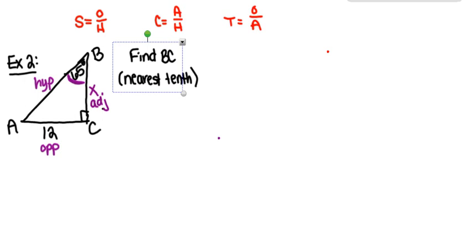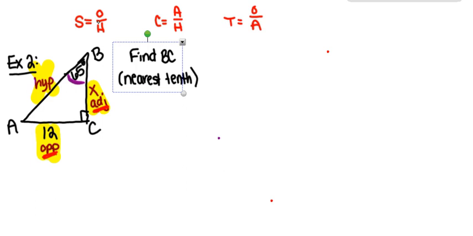So I'm going to grab my highlighter. I know my adjacent is x. I know my opposite is 12. I don't know the hypotenuse, so I'm not going to worry about that one at all. But for this question, I need to make sure I use the trig ratio that deals with adjacent and opposite, or my A and my O.